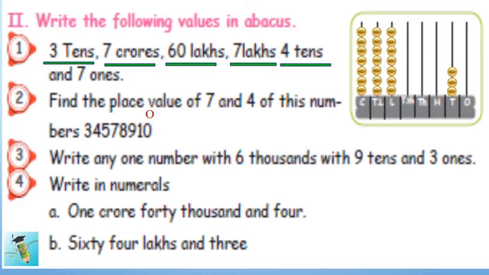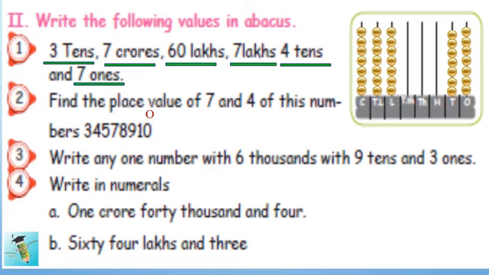Already we have inserted 3 beads in the 10th column, isn't it? Again they say 4 tens. So we are going to insert in the 10th column. Okay. Then finally 7 ones. In ones column I am going to insert. So only if you do each one patiently like this can you do it without mistakes.